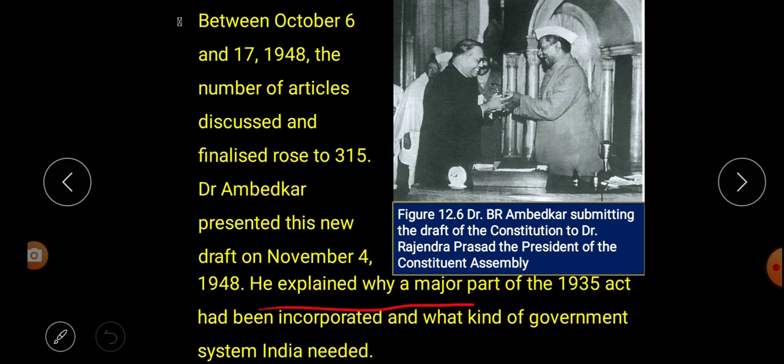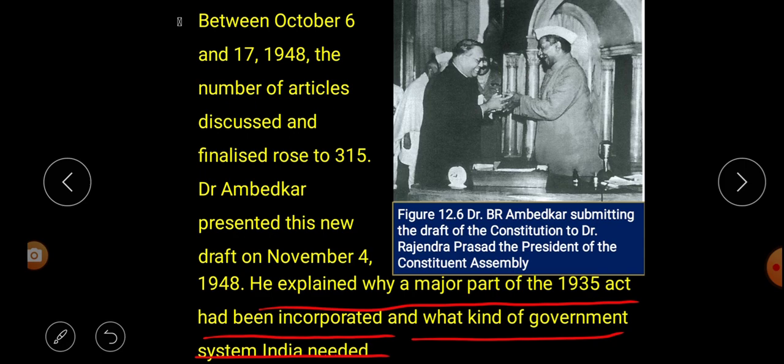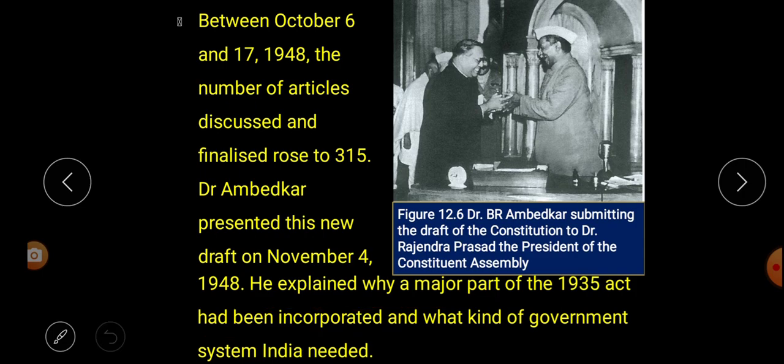He explained why a major part of the 1935 Act had been incorporated and what kind of government system India needed. So here he explained why a major part of the 1935 Act had been incorporated, and what kind of government system India actually needed. So what do you learn from this paragraph?